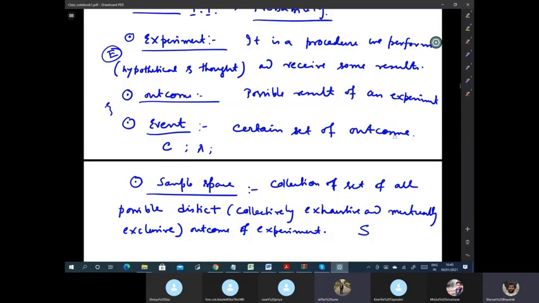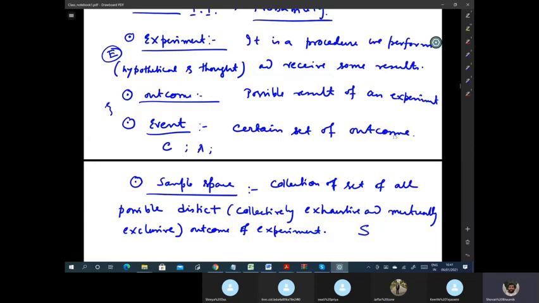No, the sample space will always be 6. The sample space is all of 1, 2, 3, 4, 5, 6. And you see that those are mutually exclusive and collectively exhaustive. If you take two things, suppose one or two, they are mutually exclusive. If one comes, two cannot. So that is the thing.